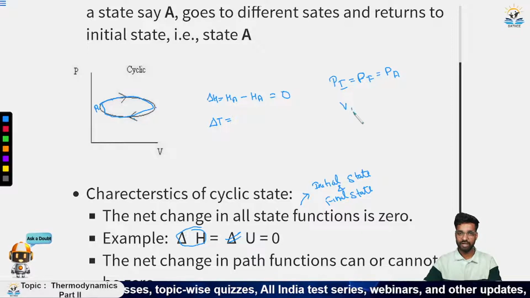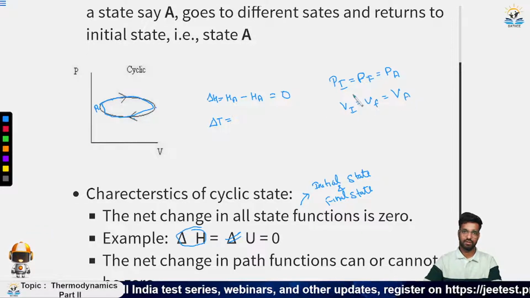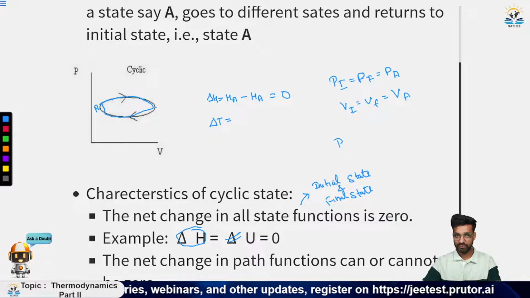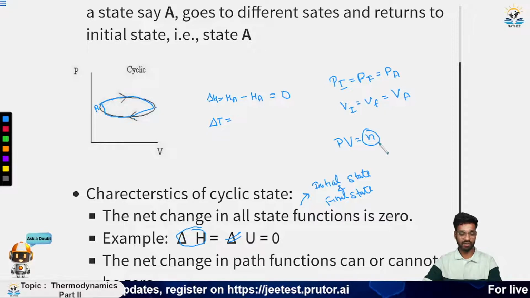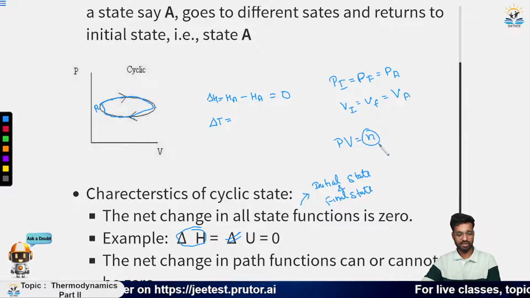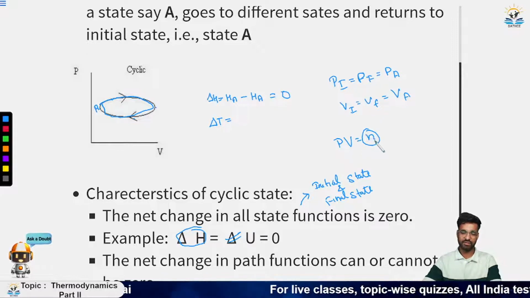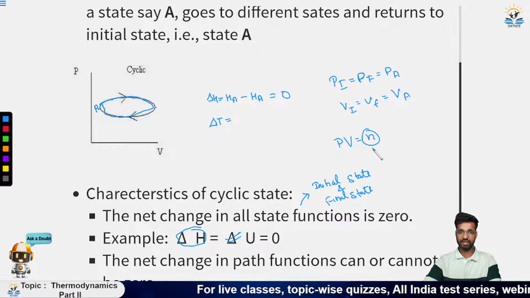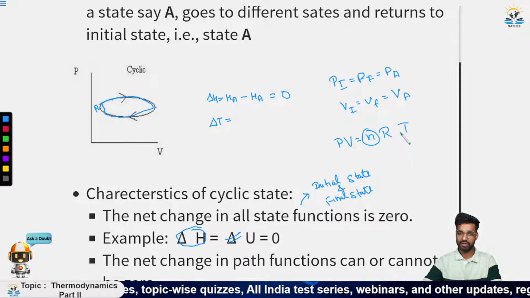Similarly, V initial is equal to V final is equal to VA. Now since pressure and volume are the same, and I have told earlier that we are taking a system which has the same number of moles, and if P and V are mentioned, which is a way of specifying a state, then T will also be the same. R is a constant.